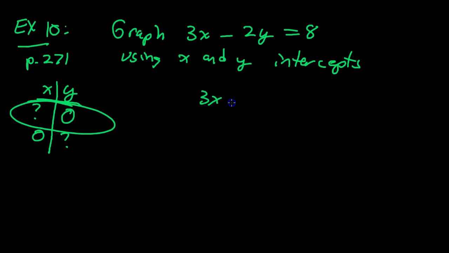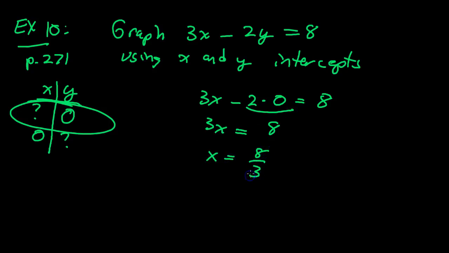So let me plug in y equals 0. And I get 3x minus 2 times 0 equals 8. And of course, now I can solve for x pretty easily. So 3x equals 8, because 2 times 0 is, of course, 0. And x equals 8/3. So it's a little cumbersome, but we'll have to deal with it.